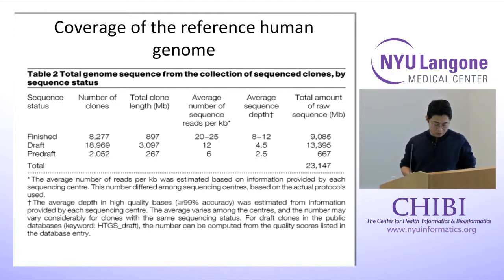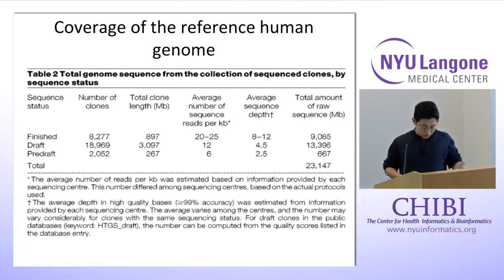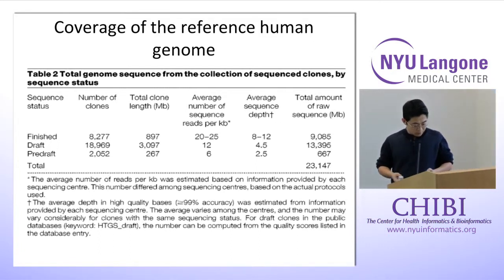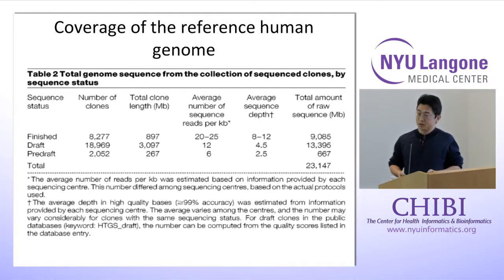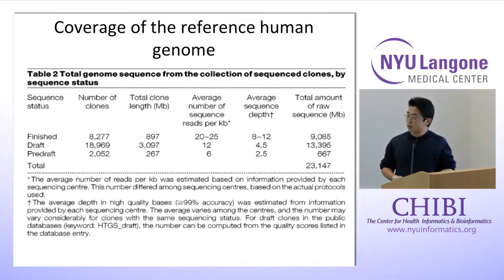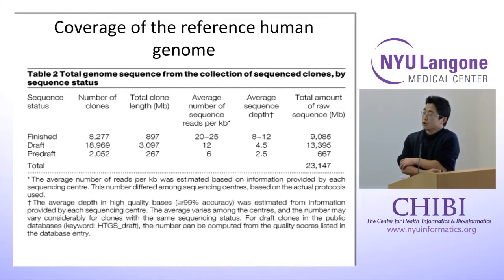It still keeps updating. The draft genome's coverage is very low, and because of repetitive regions that are hard to access, some particular regions are not sequenced sufficiently. So finishing adds more and more effort to achieve better quality.